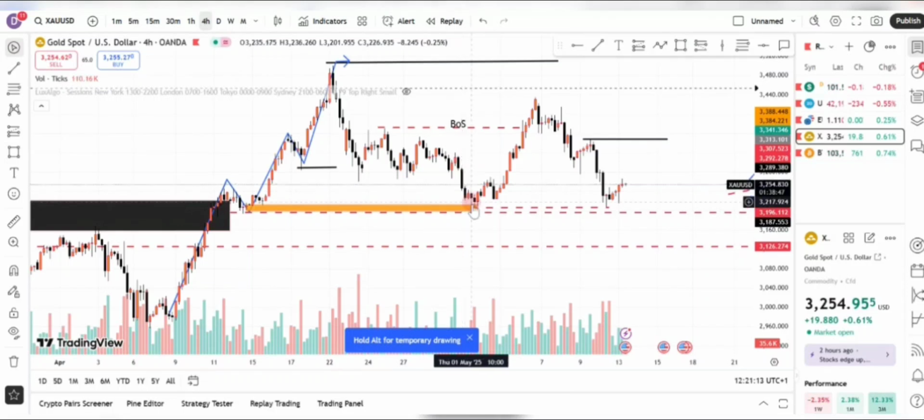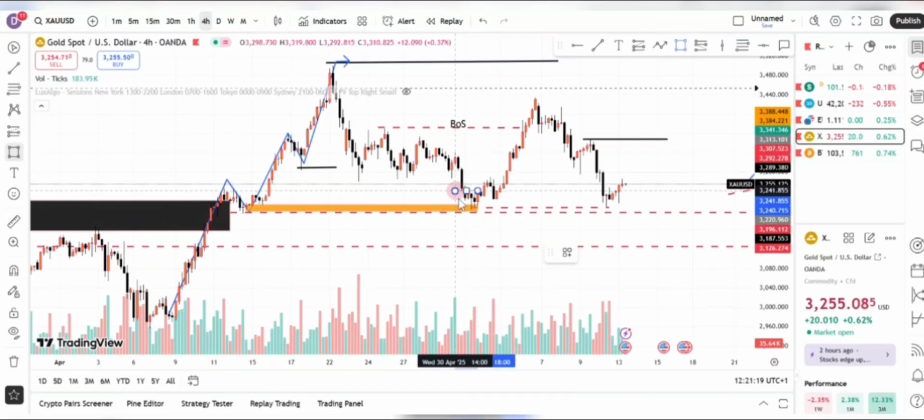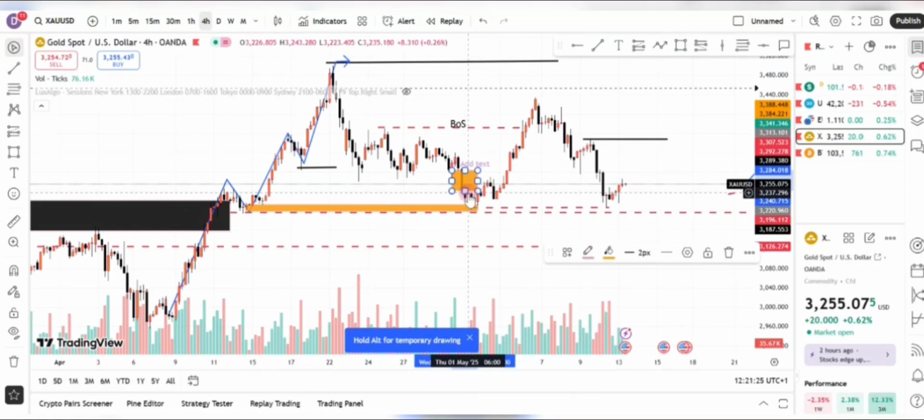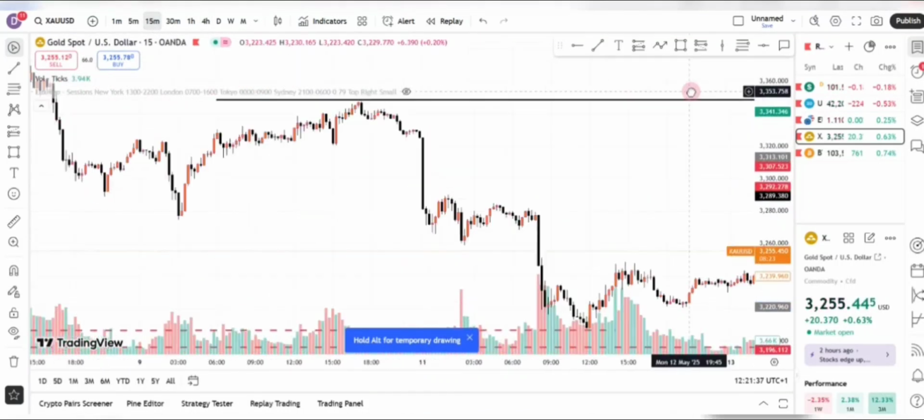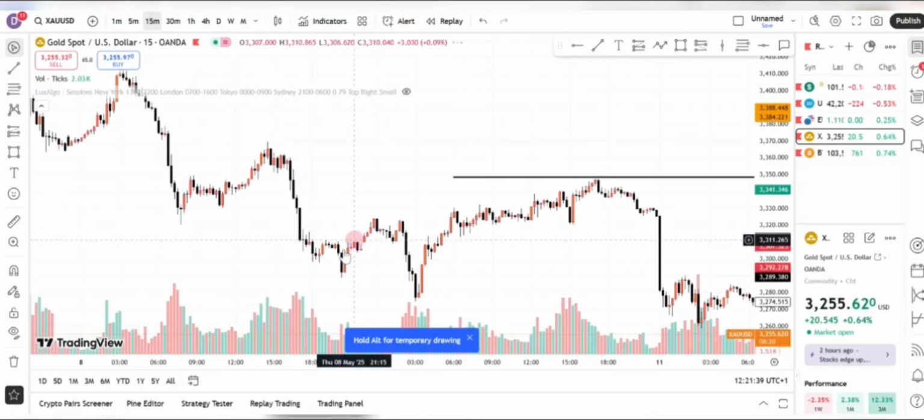Price tapped into it and took off. Let's see if we can find this area. I saw this buy. I think I took it. So let's come down to the 15 minutes time frame and look for that area that I marked.